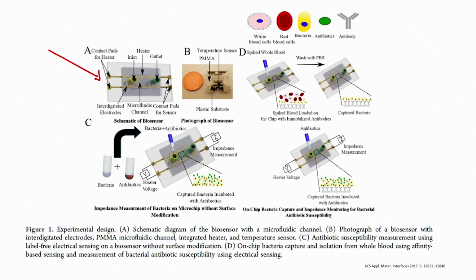This device consists of a plastic substrate, which is the substrate on which the device is fabricated. It has an integrated heater, on which there is an insulator, on which there are interdigitated electrodes. Interdigitated electrodes, you guys know, right? What are interdigitated electrodes?